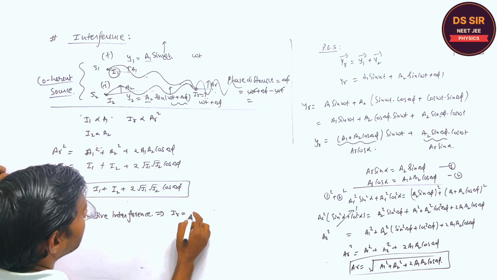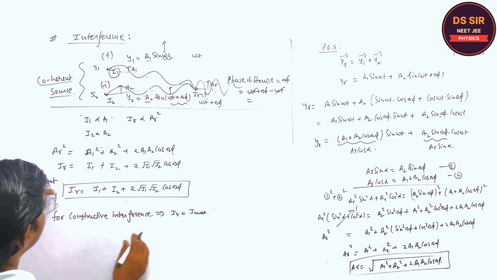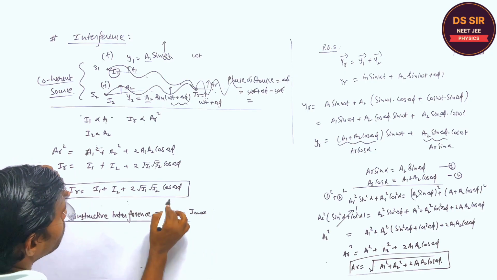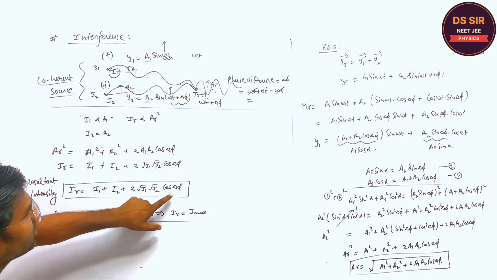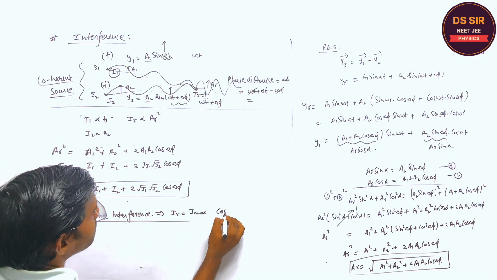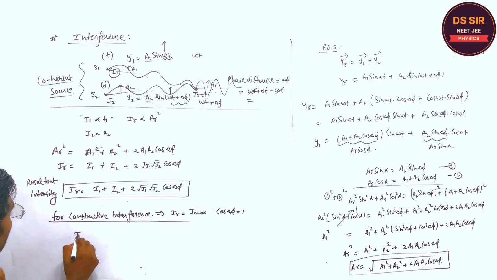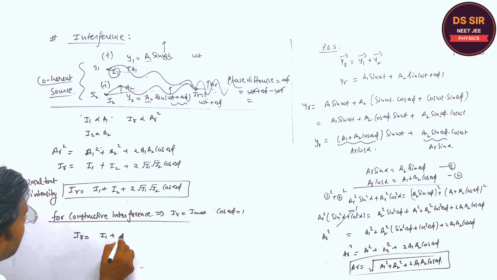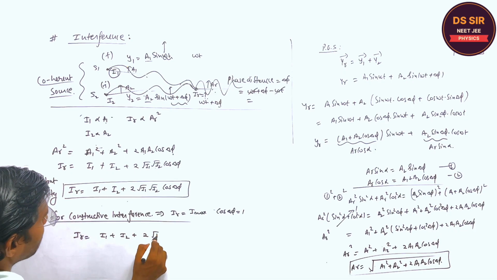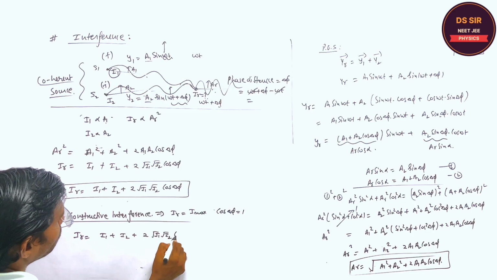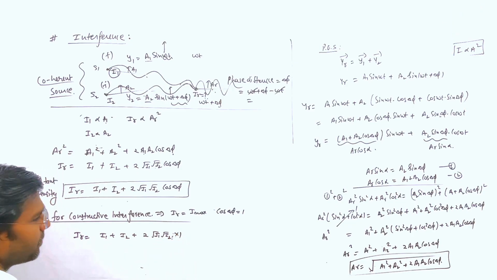So the resultant intensity is the maximum intensity. What should be the condition? It depends upon the cos delta phi. Cos delta phi must be equal to the maximum value. So therefore the resultant intensity is I1 plus I2 plus 2 root I1 root I2 into 1.